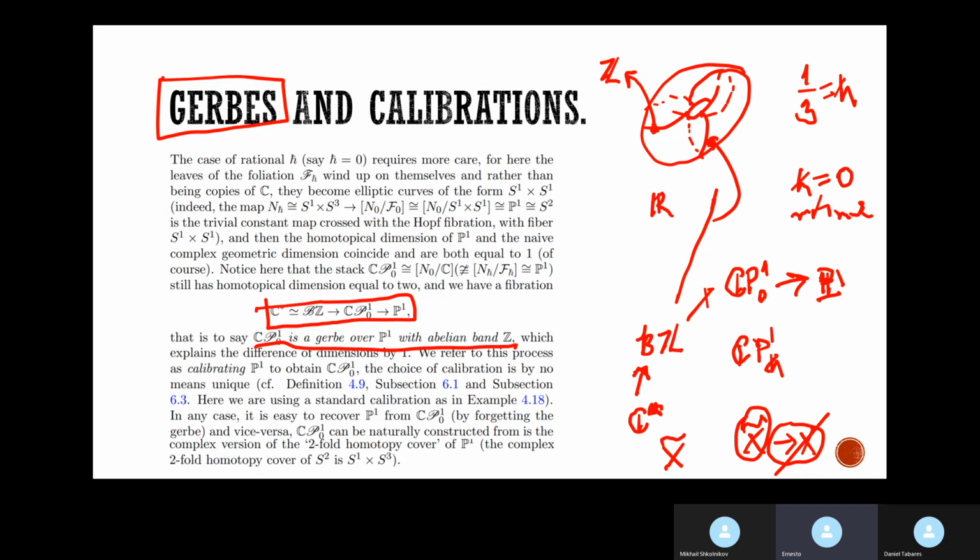And then the quotient acquires this Z stabilizer everywhere. So when I do the quotient, this becomes a circle, but it acquires a Z stabilizer everywhere.